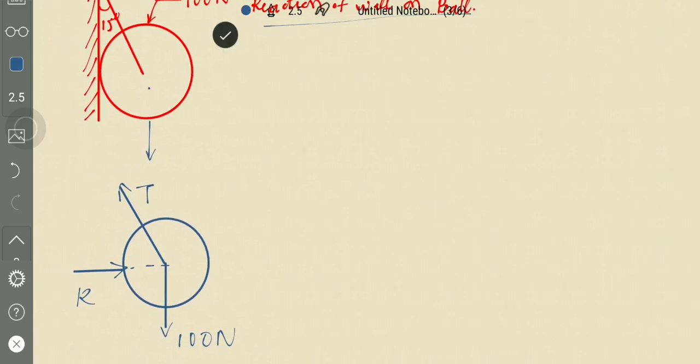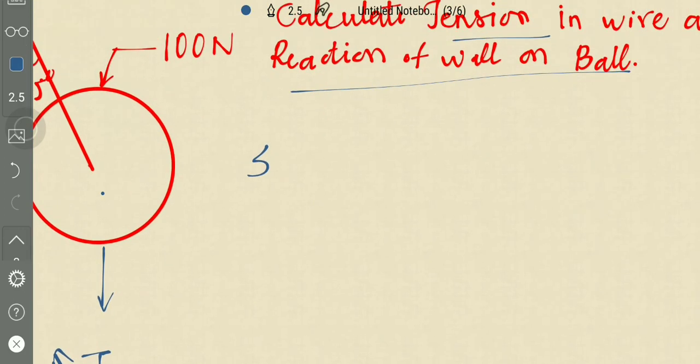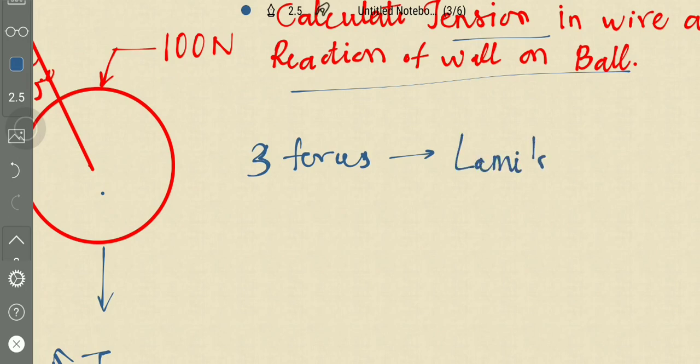So now we have drawn the free body diagram. If there are three forces, we can solve this by Lami's theorem. We have seen in the last class what Lami's theorem is.